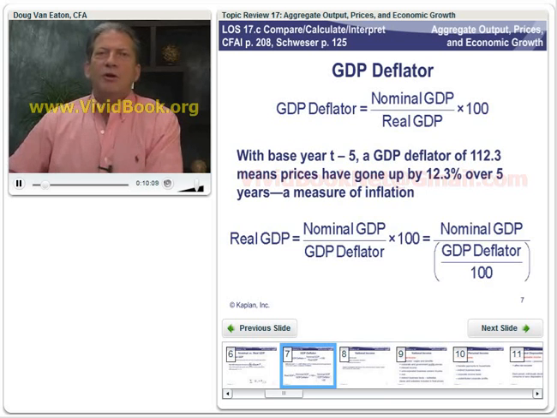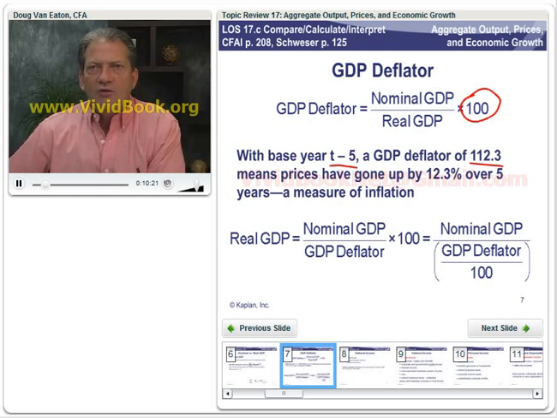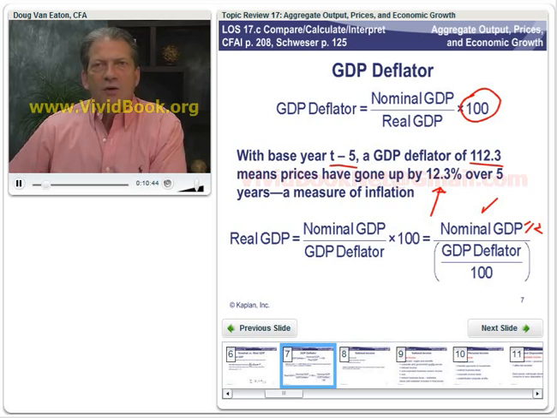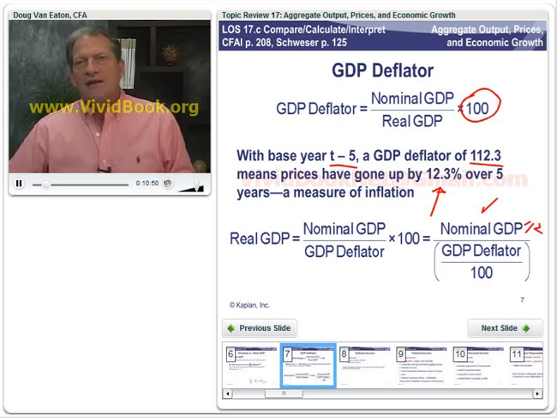Now in this example here, we use base year 5 years ago, and our deflator is 112.3. Well, since we've multiplied it by 100, all that's telling us is that prices overall, at least according to this measure, have gone up 12.3% over that 5-year period. So how would we use that? Well, if we were given nominal GDP for 2012, and we've got this GDP deflator of 112.3 over this period 2007-2012, we just divide that by 100, right?